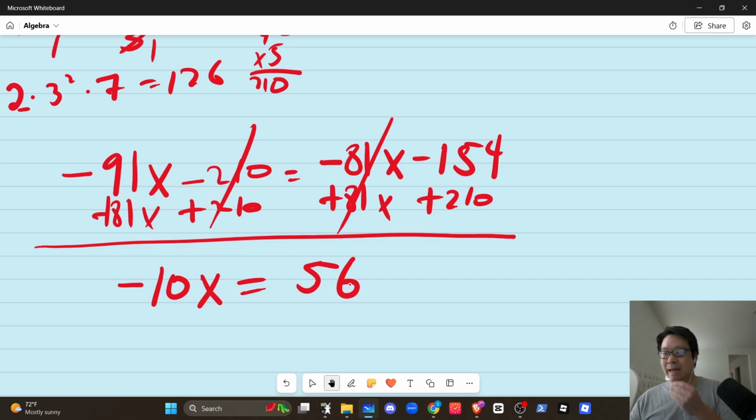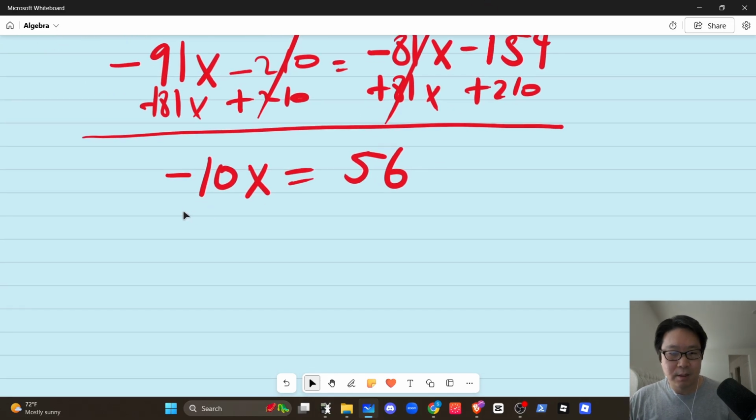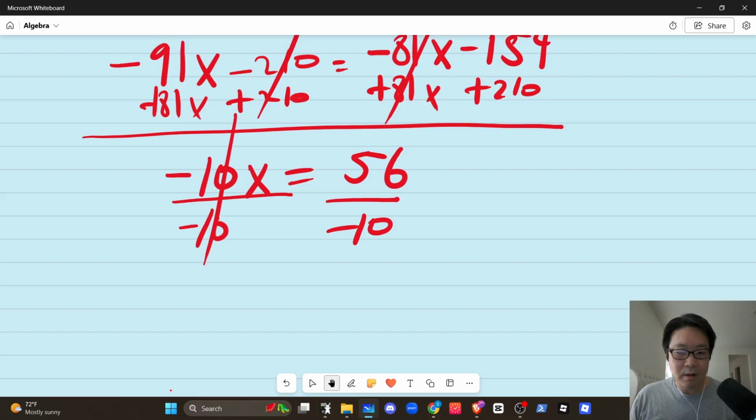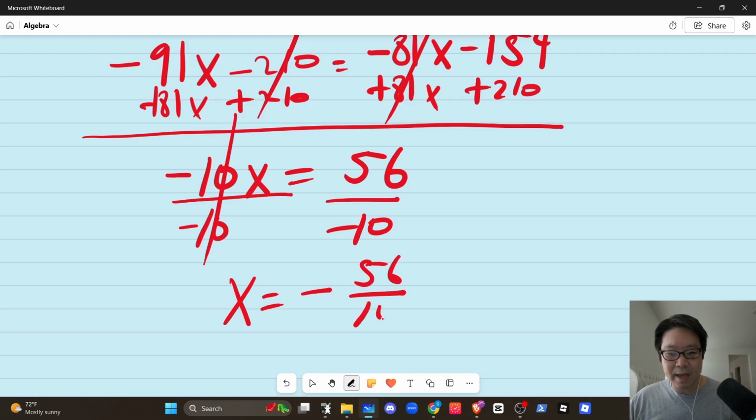Okay, negative 10x equals 56. And to isolate x, we're going to divide both sides by negative 10. Negative 10's cancel, and we're going to be left with negative 56 over 10, which can be reduced by dividing both sides by 2.